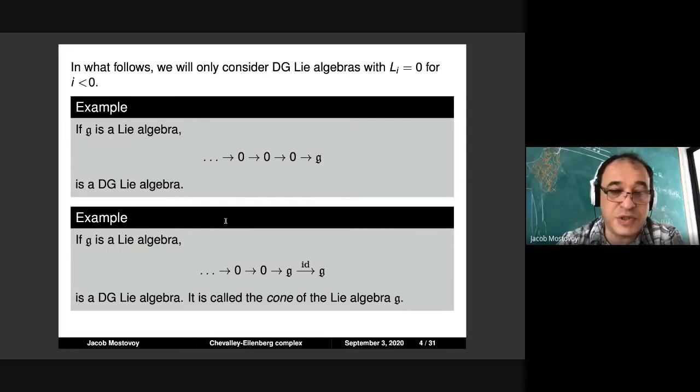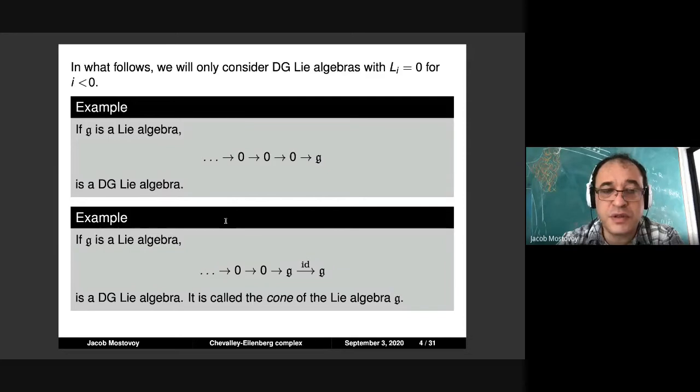You take a Lie algebra and you place 2 copies of it into your chain complex. In degree 0, we have 1 copy, and in degree 1 we have another copy. The differential here is the identity. Nowadays it's called the cone of the Lie algebra.